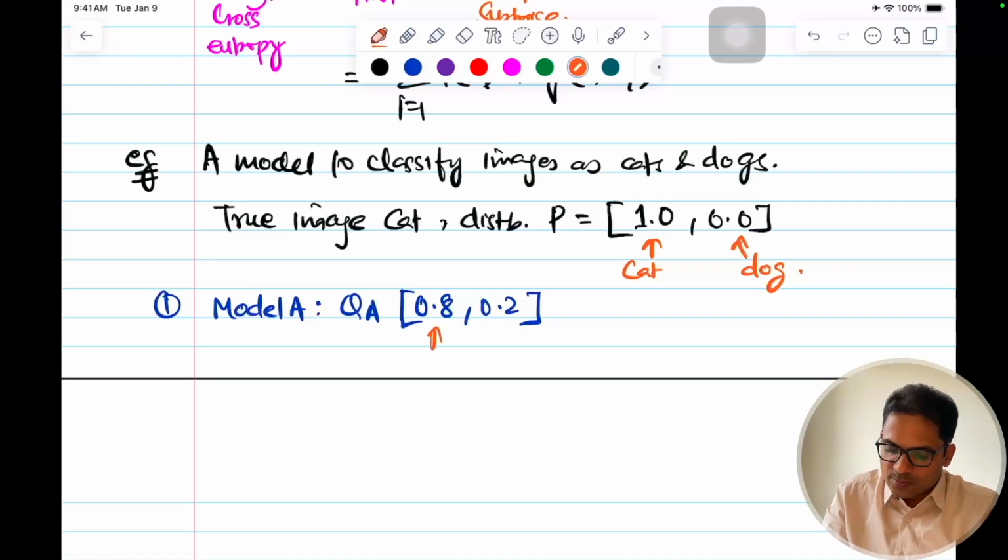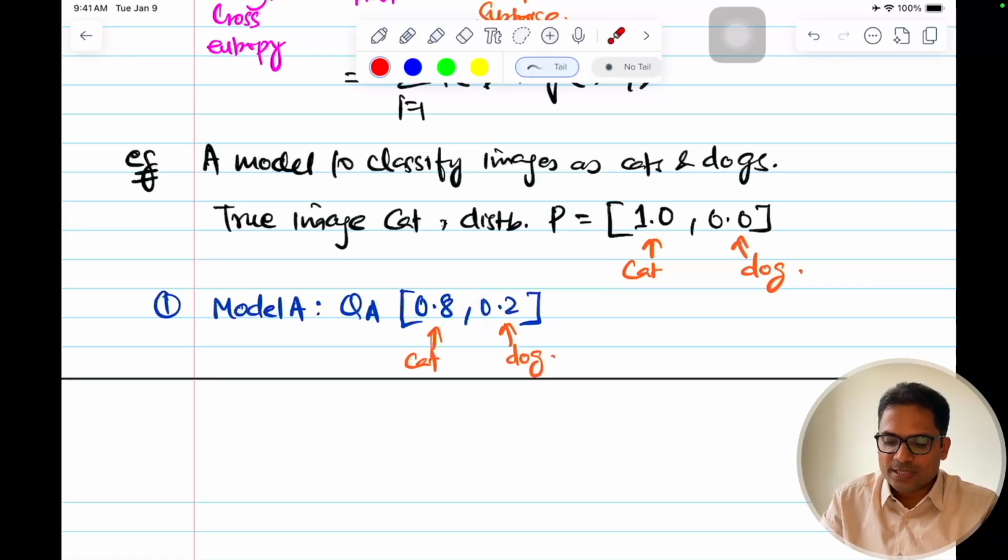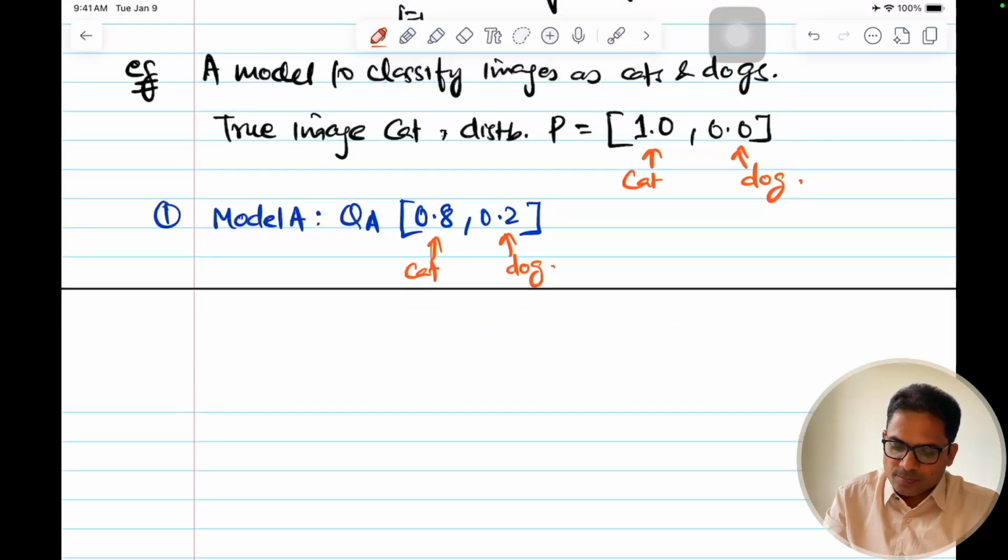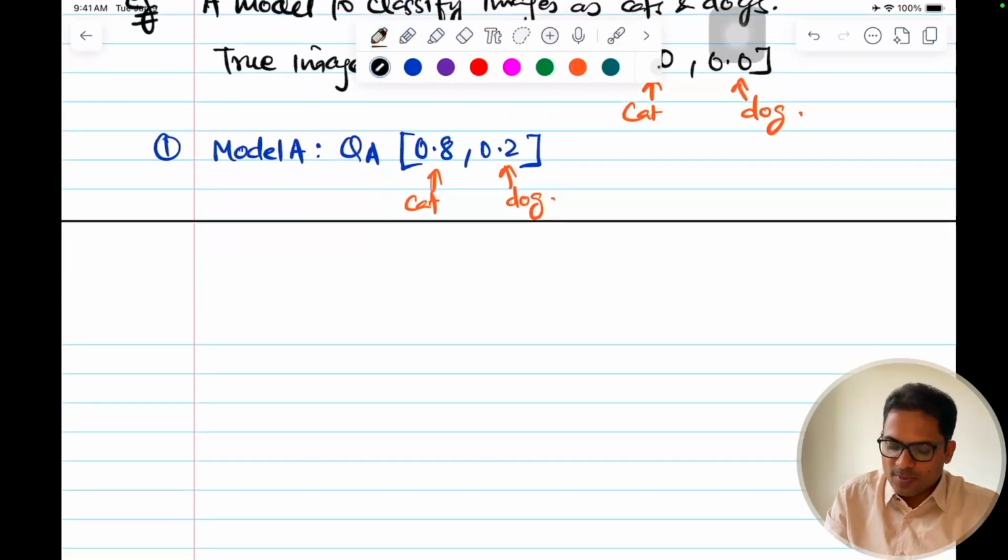This is what it is predicting. Originally we know it's 100% cat, but my model says 80% cat and 20% chance that it's dog. That's how models predict. So now what will be my cross entropy?